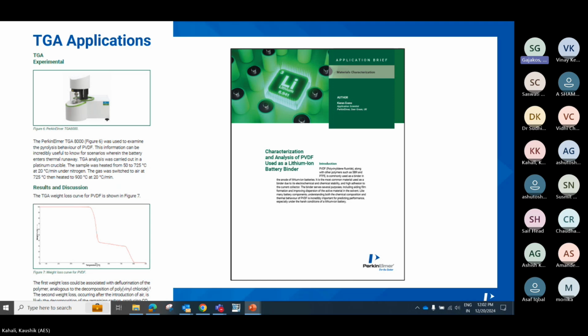Here, this application note is based on the analysis of PVDF that is used in the lithium ion battery. PVDF is mostly used as a binder in the lithium ion battery, and it gives different kinds of adhesion in battery manufacturing.